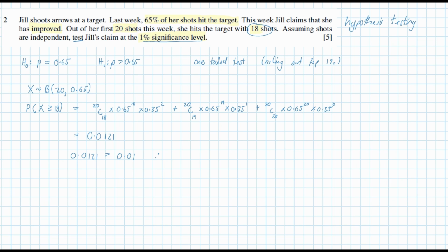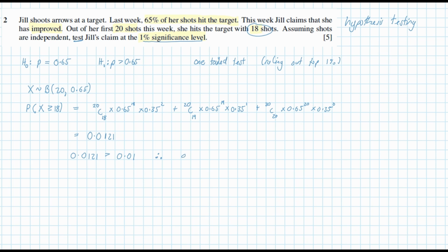And now we're going to draw a conclusion. Therefore, because this means that 18 and above is more than 1%, it means that this could be in the distribution. We're not ruling it out. It's when it would be less than 1% that we know, oh yep, that should be ruled out.